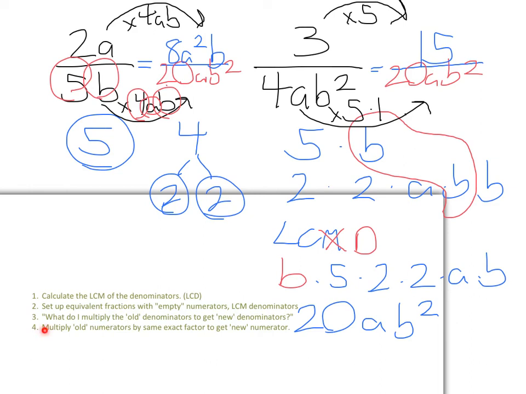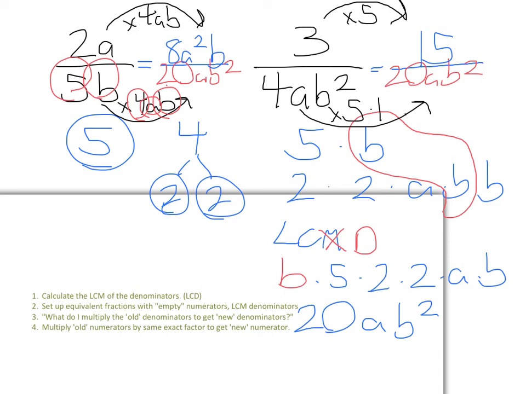And then we asked ourselves, what do I multiply the quote-unquote old denominators by to get quote-unquote new denominators? And again, we found out that it was 4ab, and over here it was 5. And then part 4, the final part, was multiply the old numerators by the same exact factor to get the new numerator. And once we did that, we had a full equivalent fraction with both a new numerator and new denominator. And we were done.